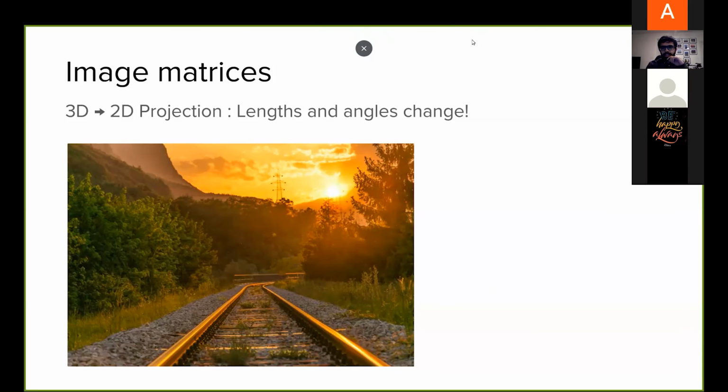Now how does that make sense? That's what happens when this 3D world forms an image. Often some of the things are not preserved. For example, the rail tracks that are actually parallel, you know it as a fact, but in a 2D image it's not parallel. So how is a computer supposed to understand what's parallel in this image, for example?